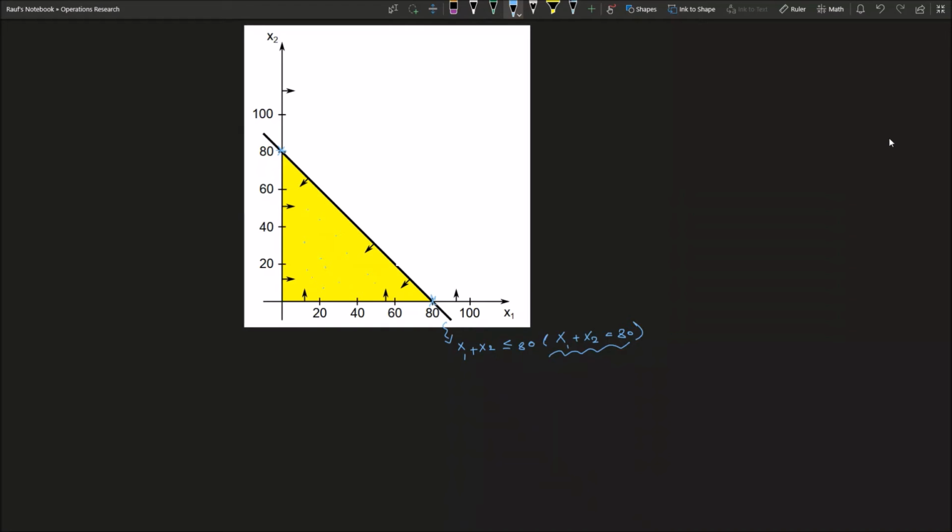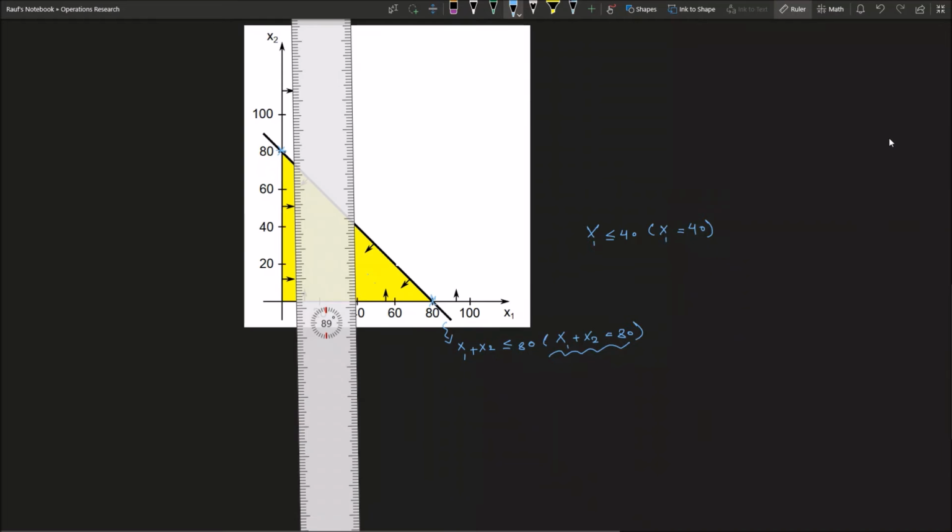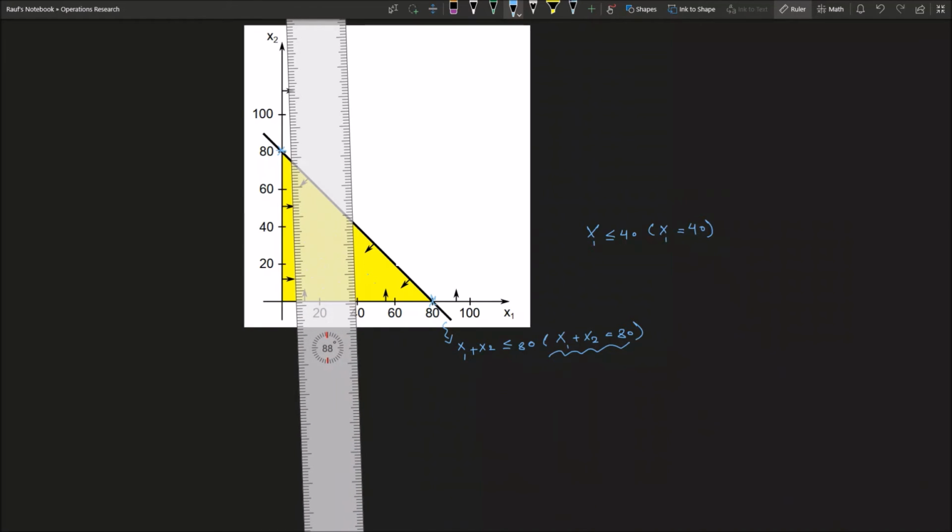We have another constraint saying x1 less or equal to 40. Again, we can assume that it says x1 equals 40. Let's draw the line that represents x1 equals 40. Let's use a ruler for that purpose. Okay. Let's put the ruler in here.